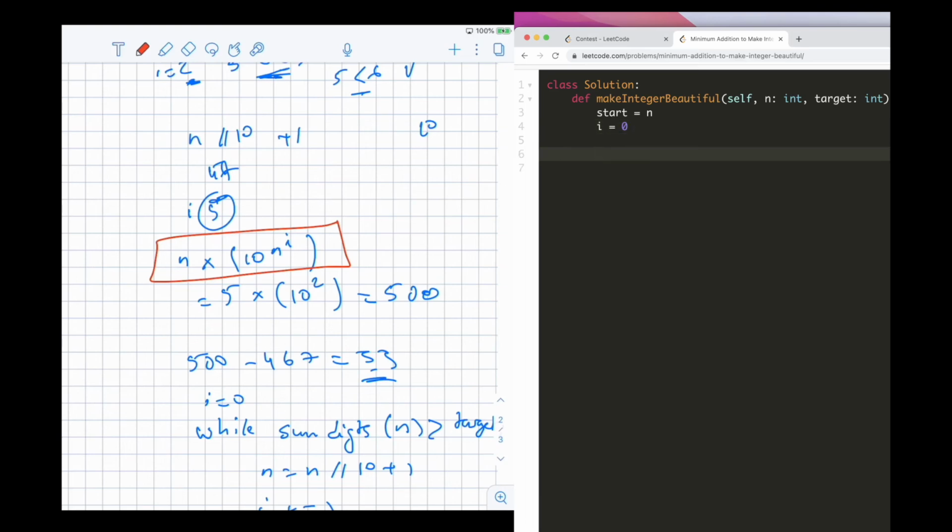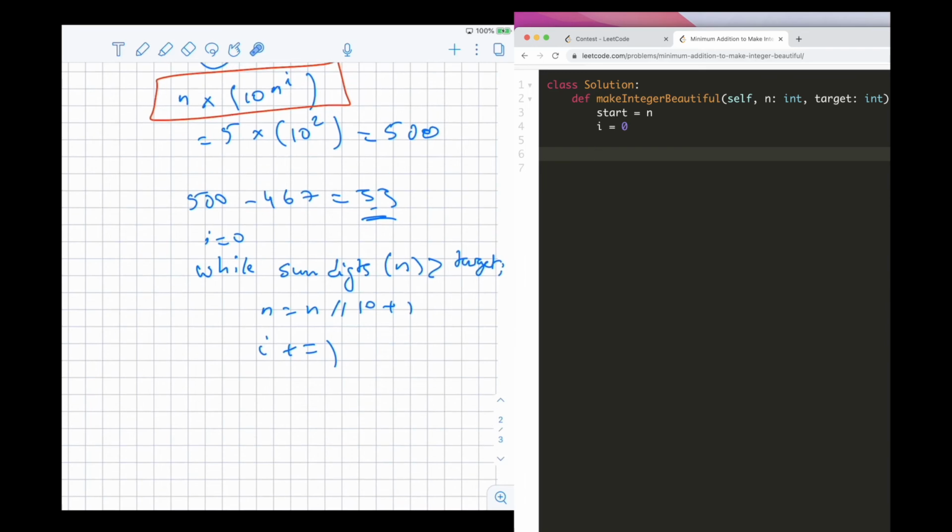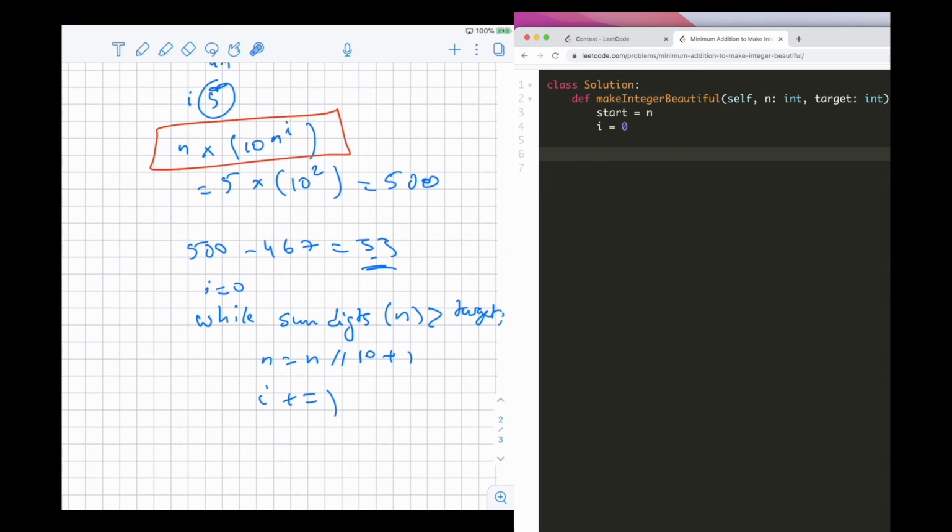This is, remember, for multiplying at the end here, right? For doing this at the end. And so we will do while the sum of digits of n, I'll define that function in a second, is bigger than target, so we need to keep reducing. In that case, we will divide by 10, right? And then add 1. So this will eliminate the last element, right? And then add 1 to the one before it. And then we need to keep track of how many zeros we'll need to add at the end, right?